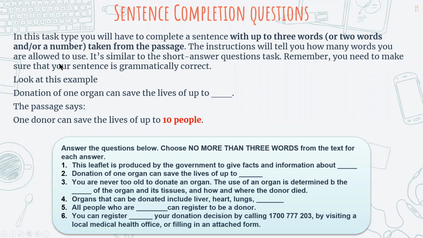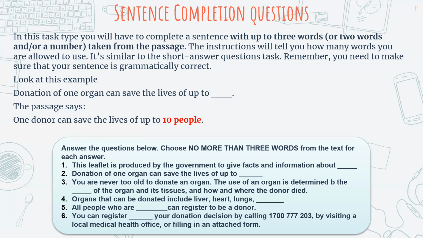Remember, you need to make sure that your sentence is grammatically correct. This is very important. Look at this example. Donation of one organ can save the lives of up to. The answer is 10 people. Okay, so you have to check your sentence and make sure that it's grammatically correct. For example, is to a preposition or part of the infinitive? Are you using a verb? Can you use an adjective after to?